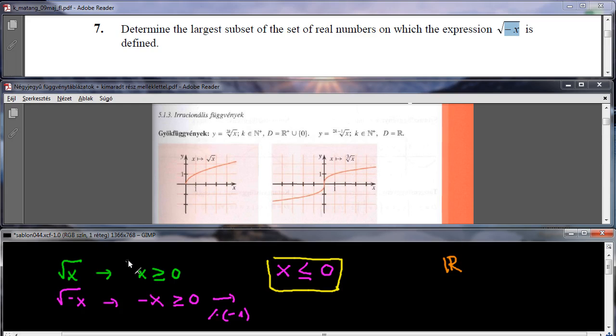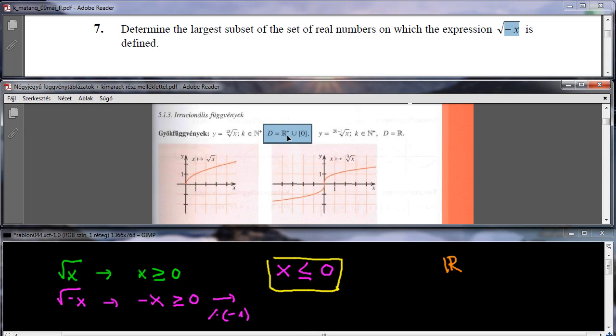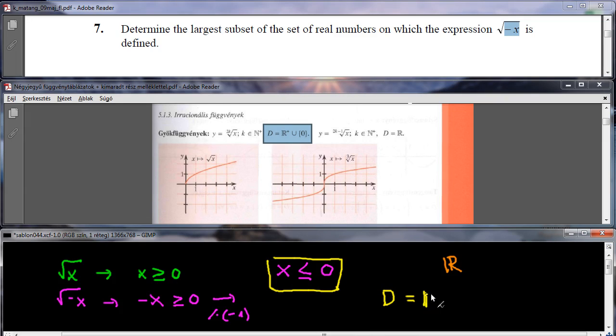So with the original square root x function, we have this condition. The domain is R plus union with the 0. Now 0 is still okay with us. X can be 0, but instead of R plus, we have to write now R minus. So now the new domain, I'll write that with yellow, will be R minus union with 0.